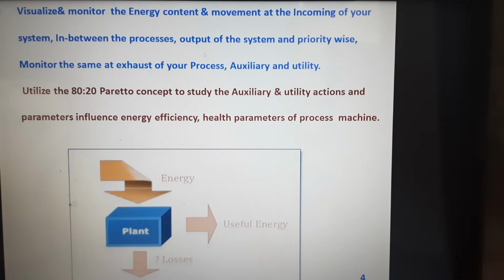The same thing if you see as a block diagram for the given plant, one is the energy and the useful energy is the output, and the raw material is there from the right side, and the losses increase and the output decreases as such. So utilizing the 80-20 Pareto concept to study the auxiliary and utility systems and actions, how they influence the energy efficiency health parameters of the given process machine as such.